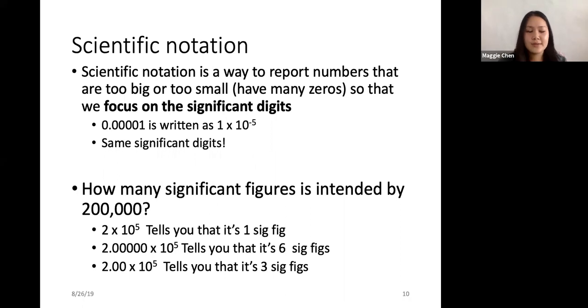And 2.00 times 10 to the 5 tells you that there's 3 sig figs. So it really depends on how you rewrite your number to indicate how many significant figures there are, which numbers are important. And that's going to depend on the context or the situation that you're given.